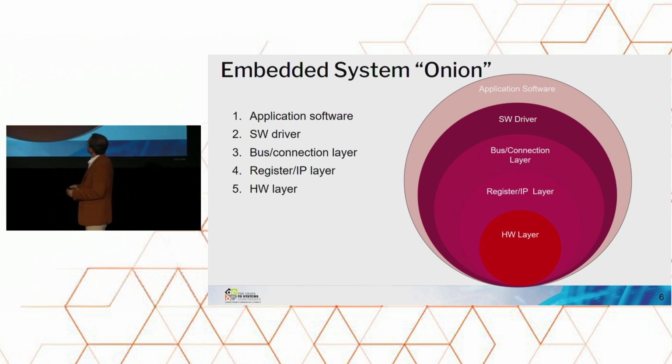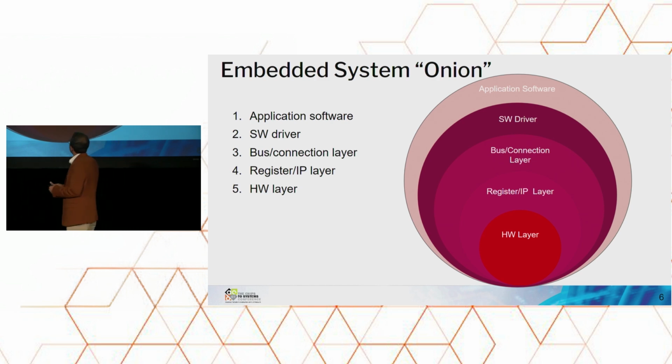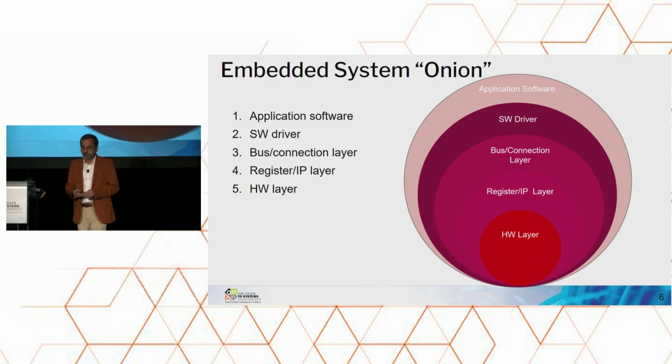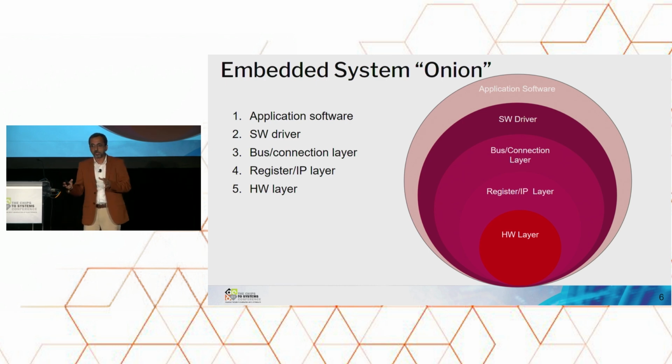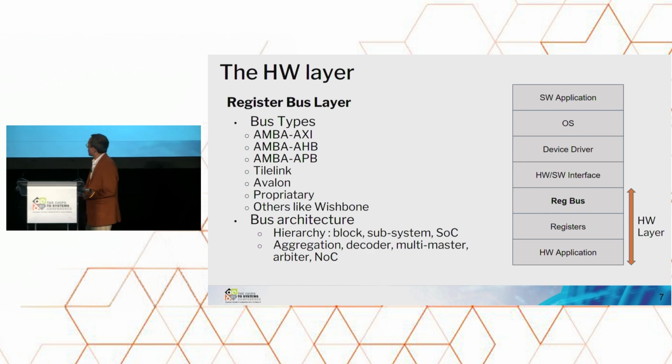Below that, the software driver uses the bus connection layer, the register buses, and then there is the register IP layer, where you have all the registers, the programmability part of the embedded hardware. And beyond that, there's the hardware layer, where your application is. So let's dig deeper into this.